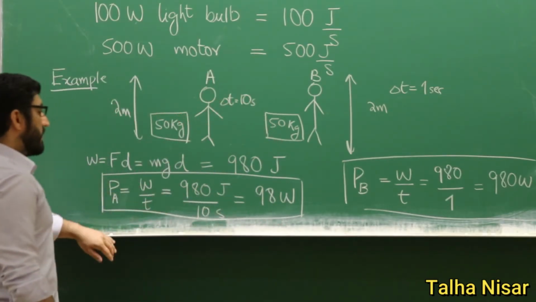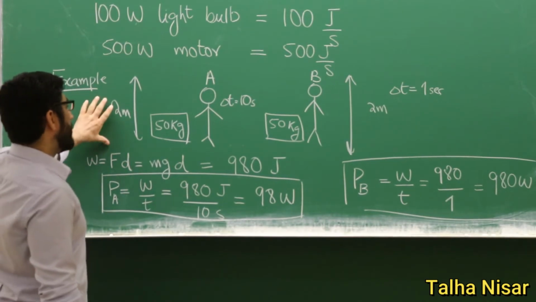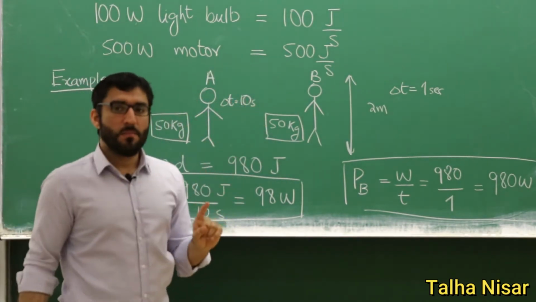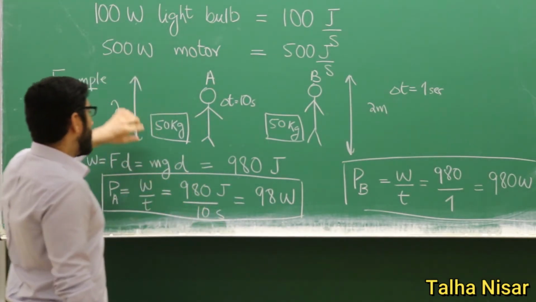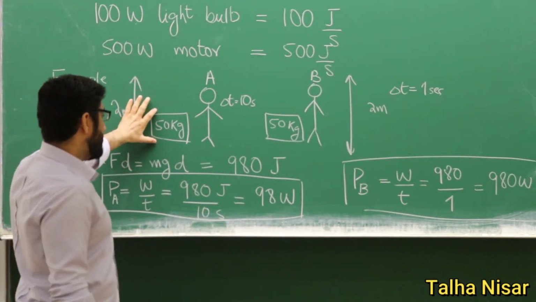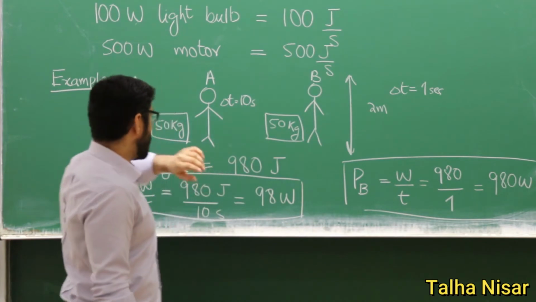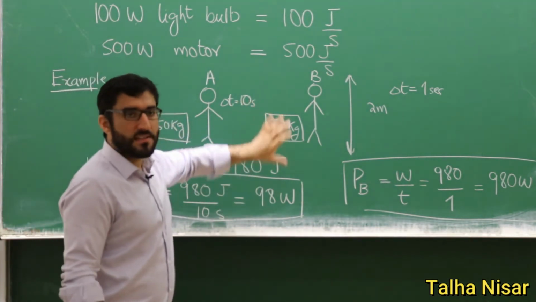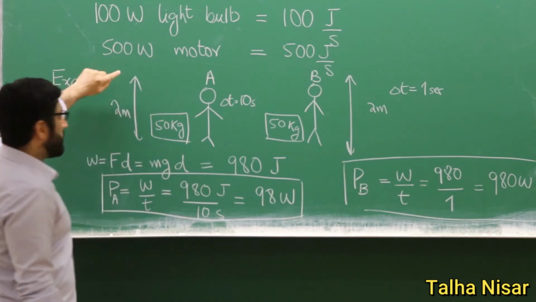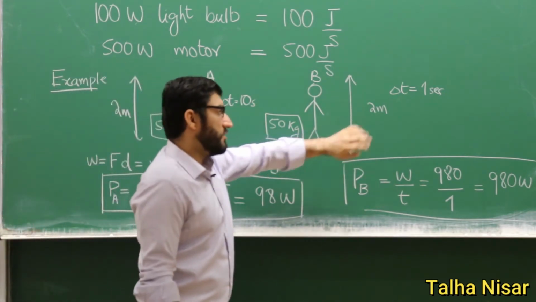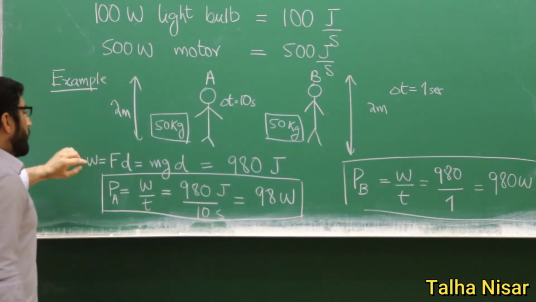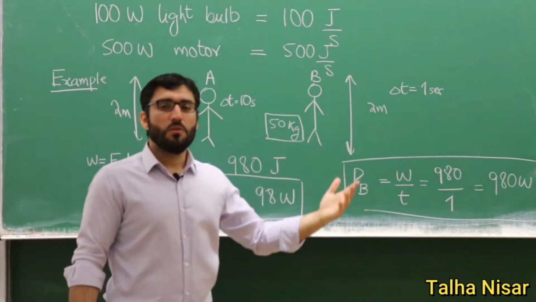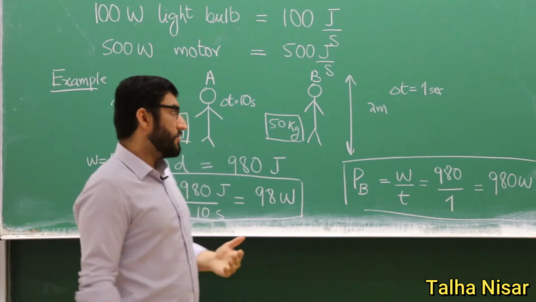We see that both people, person A and person B, have done the same amount of work. Why? Because we have the 50 kg mass here, and 50 kg mass here. So the gravitational force for both persons is the same, and the displacement was also the same, 2 meters. So we calculated the work done, which was 980 joule for both persons.